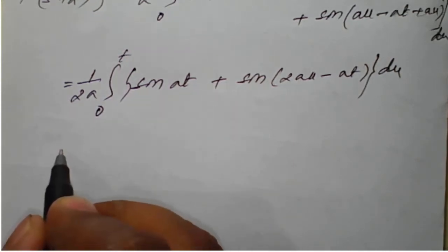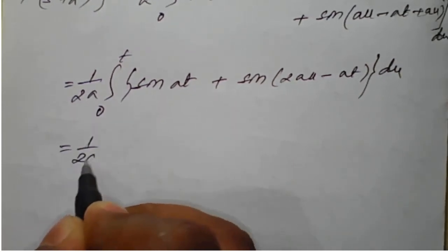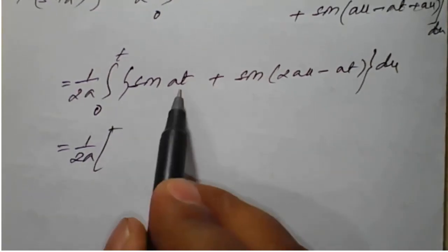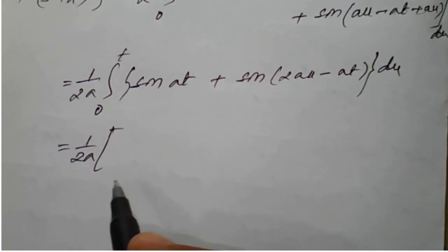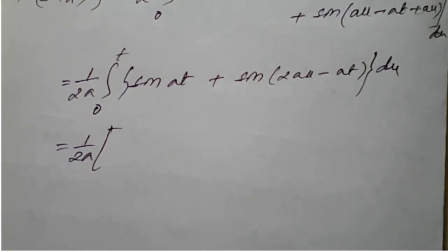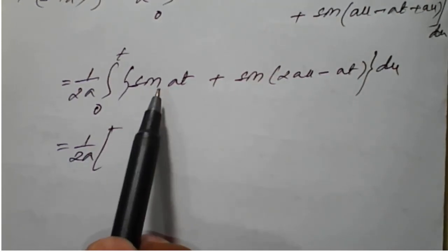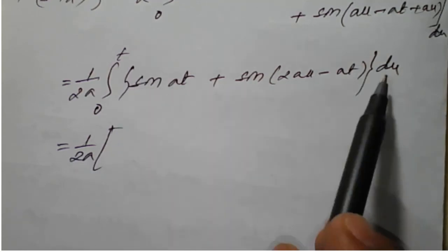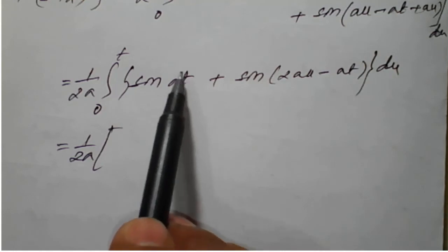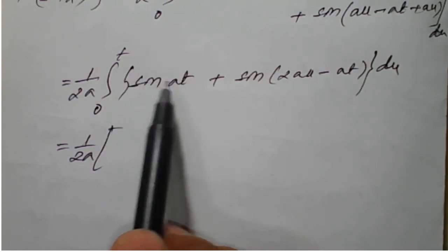So now 1 upon 2a, integration of sine at. Here I will tell you one thing: sine of at we need to integrate with respect to u, but there is no u term in the first, that is sine of at.